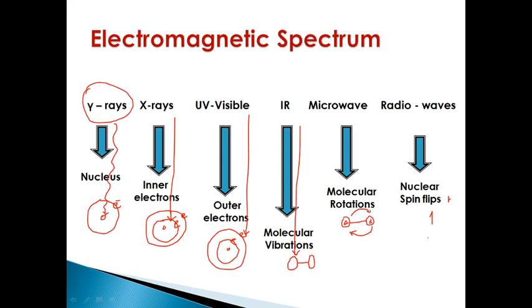This is resonance, the flipping of the nucleus from one orientation to another, and for this we use radio waves. So this is the basic idea of electromagnetic radiation in different forms interacting with matter.